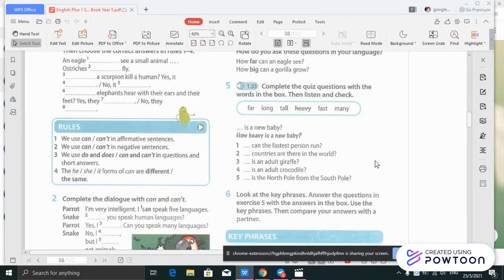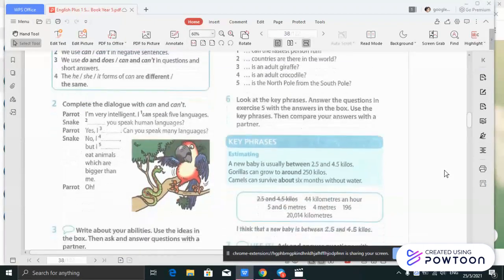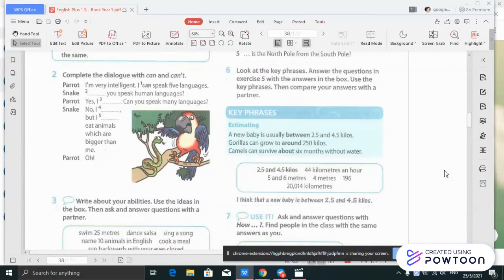So up to here, I hope you understood, and I hope I was clear enough in explaining the first part of the lesson, can and can't, and the ability part of it. And I hope that you're also clear about answering these activities that I'm explaining to you now on page 37 of your English Plus One book. Just remember, whichever activity we are doing, just write down and answer it in that one English book that I'm asking you to use.